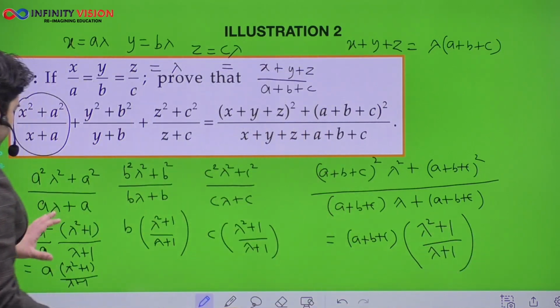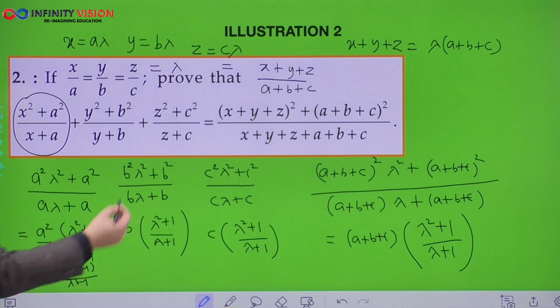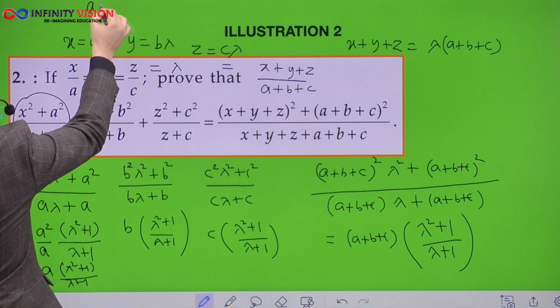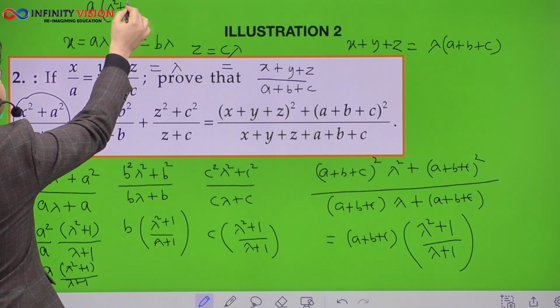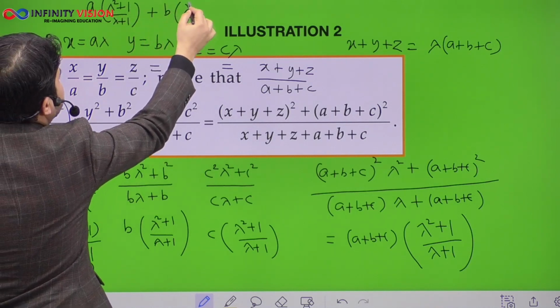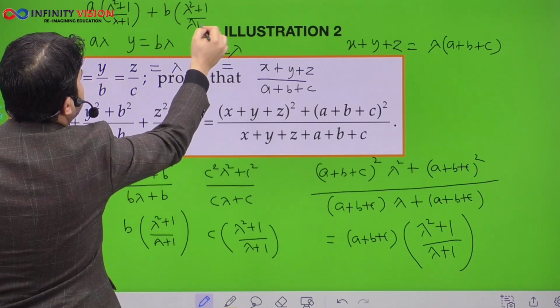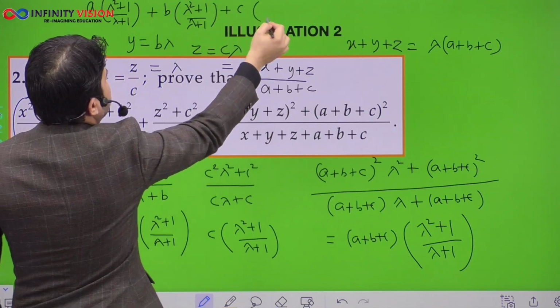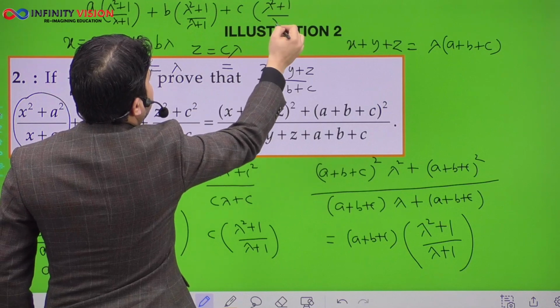So definitely you see that the three ratios are a into (lambda square plus 1) upon (lambda plus 1) plus b into (lambda square plus 1) upon (lambda plus 1) plus c into (lambda square plus 1) upon (lambda plus 1).